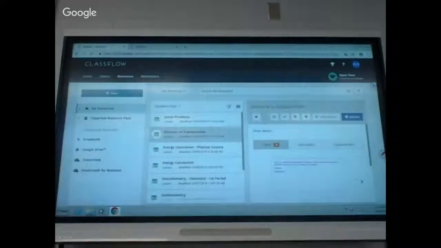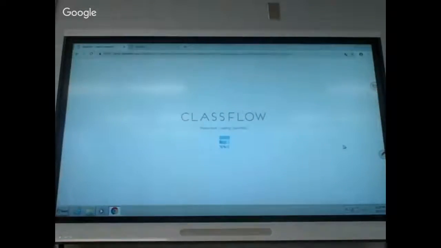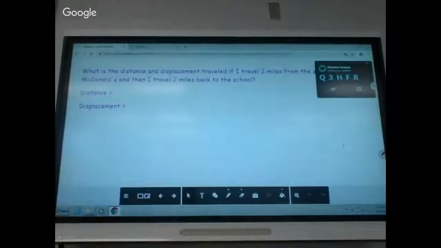Now, I need to know what we can and can't do. So we're going to try a couple things so we can see. Let me preface this by saying this would work better if we had laptops that were touchscreens, but we don't.